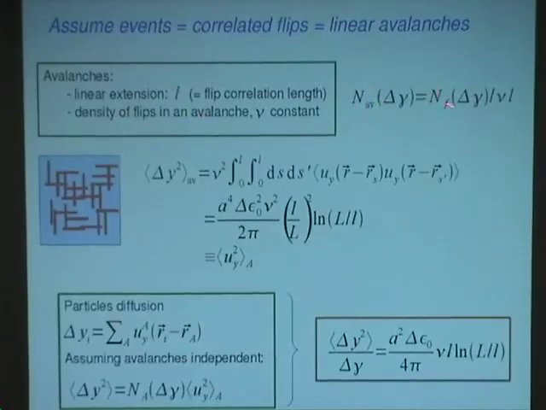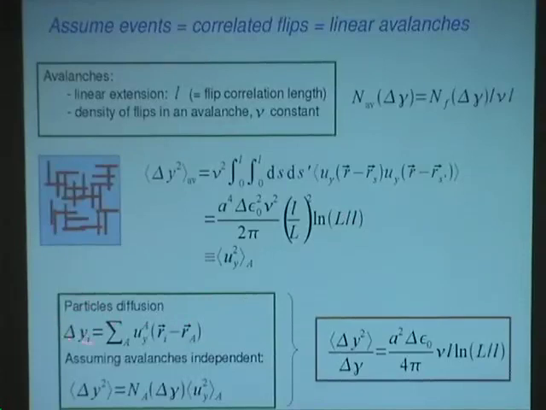We had before the number of flips. The number of avalanches during the strain interval delta gamma is just the number of flips divided by the flips inside each avalanche. And we just do the same calculation as before. So now we have a delta y square HLB, but which comes from correlated sources, and so gives a different expression.